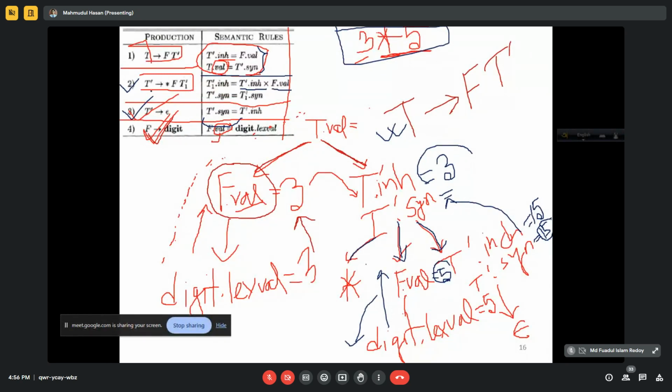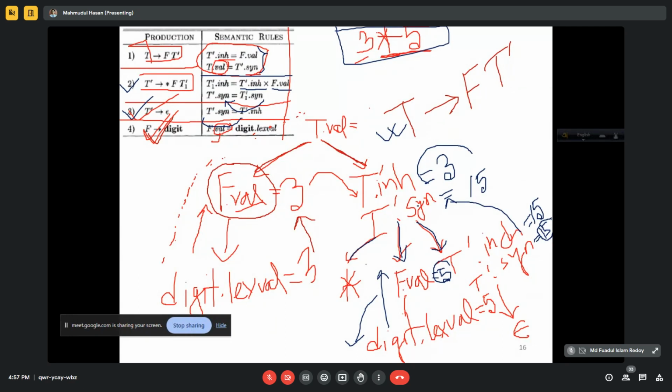If you look at the semantic rules of production rule number 2, the T1 dash synthesized value goes to the T dash synthesized value. That means the child synthesized value goes to the parent synthesized value. And the child synthesized value is 15, so this value goes here.